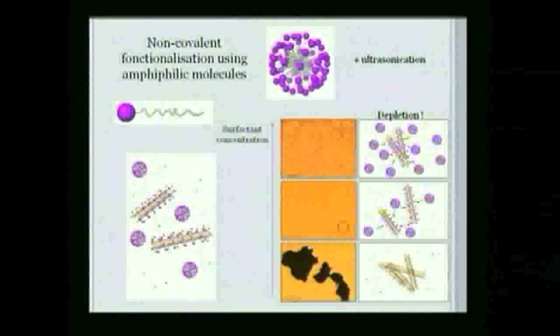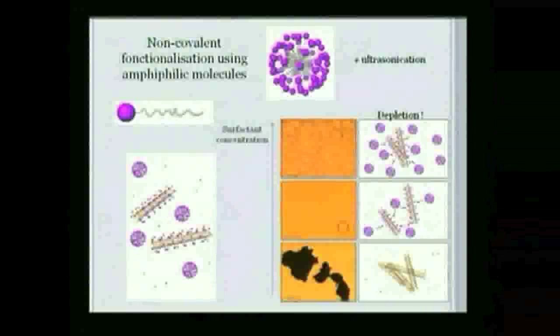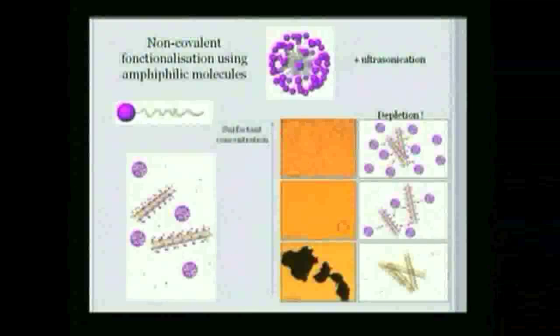Because carbon nanotubes are hydrophobic, the hydrophobic tail of the surfactant will adsorb onto the nanotube, and the hydrophilic head will be turned towards the solvent, water in this case.